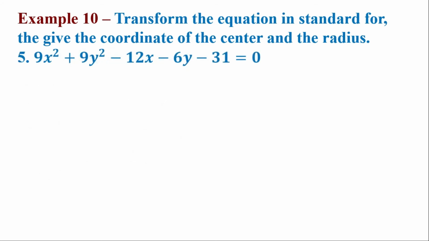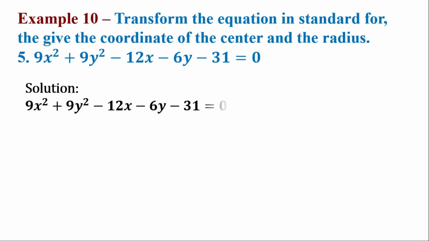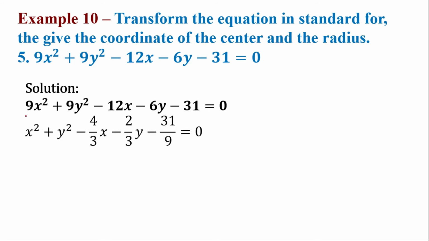For the fifth example, let's simplify it first. Let's remove the 9 on the x and y's. We can do that by dividing by 9 on both sides. If we divide by 9 here, this will become x squared, this will become y squared. 12 divided by 9 is 4 over 3 in simplest form. 6 divided by 9 in simplest form is 2 over 3.